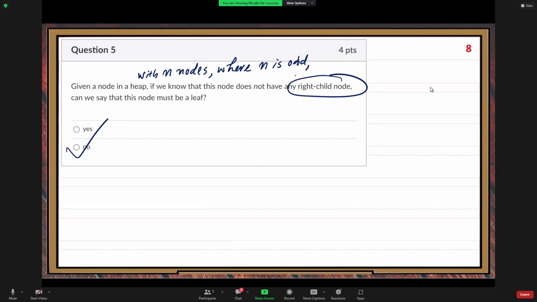Okay? Then we ask the same question. The heap has this property. Then we consider a node in this heap that does not have any right child node. Can we say that this node must be a leaf?